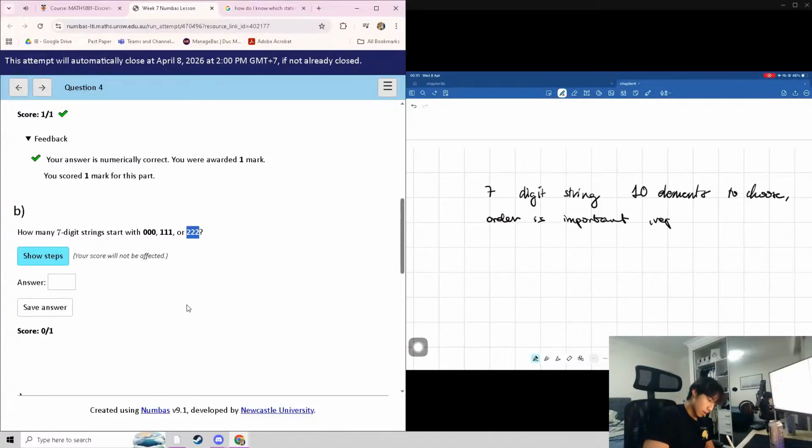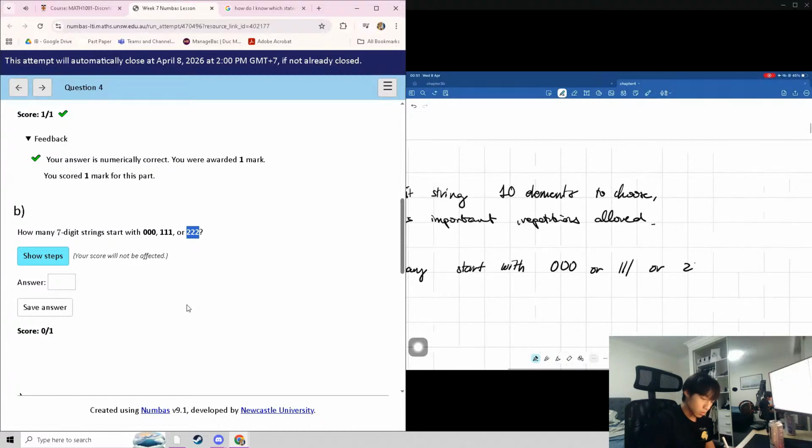Repetitions are allowed. And now the question is, how many start with either 0, 0, 0, or 1, 1, 1, or 2, 2, 2, right?